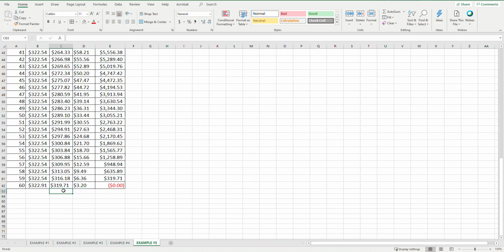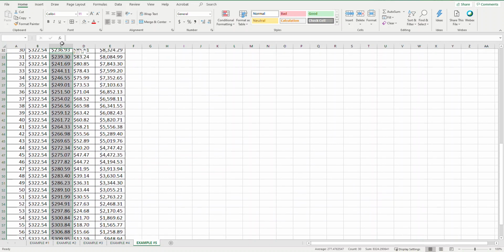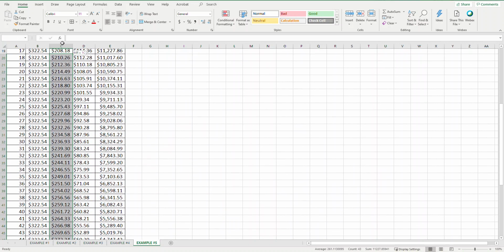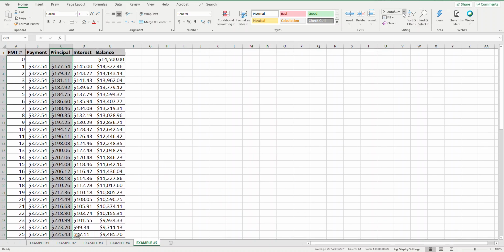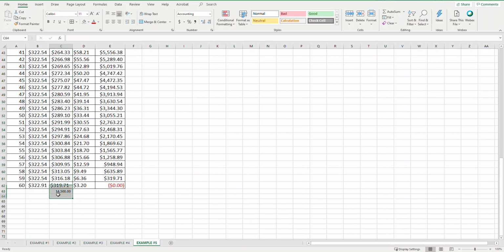Of course, if I wanted to know how much was applied towards the principal, we already know that the principal amount had to add up to the amount that was borrowed. So we have that did work out.